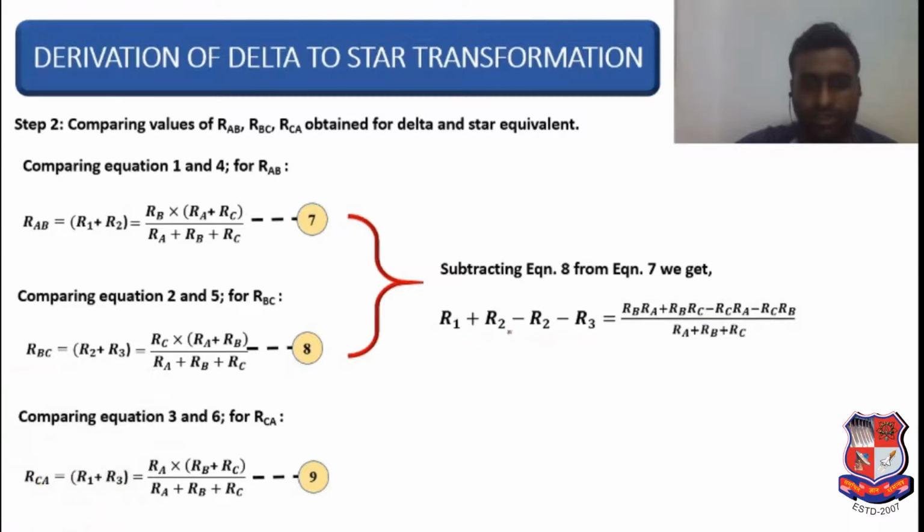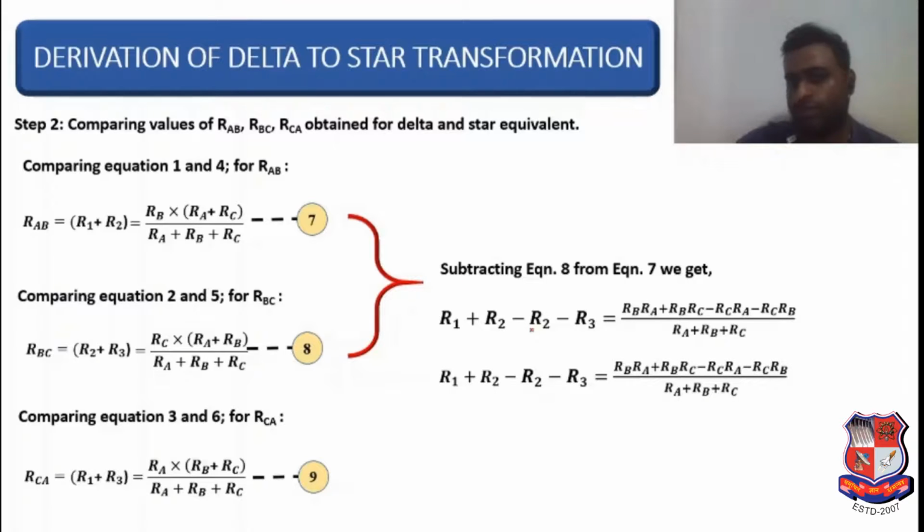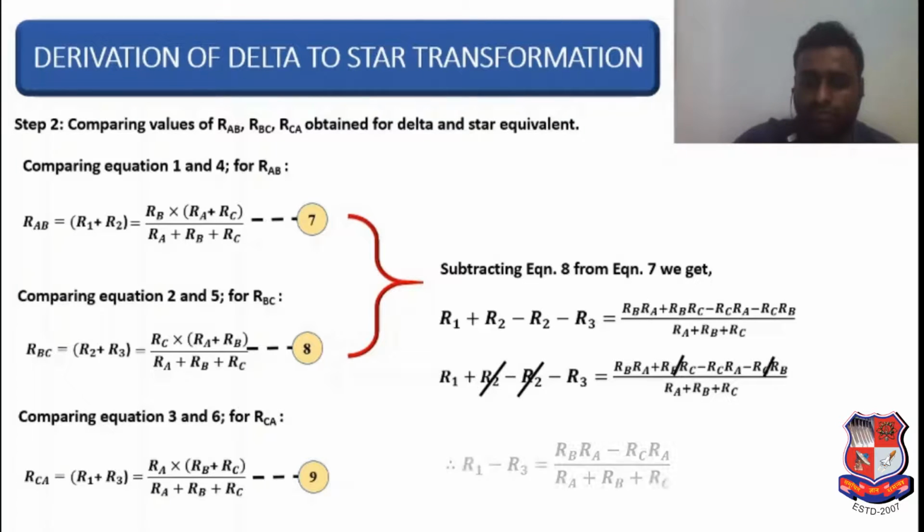So what will you get? The R2 and this R2 will get cancelled. Let us solve further. Over here you can see this is plus RB into RC and this is minus RB into RC, so they will also get cancelled. So the equivalent will be R1 minus R3, equal to this expression. Let us give this as equation number 10.